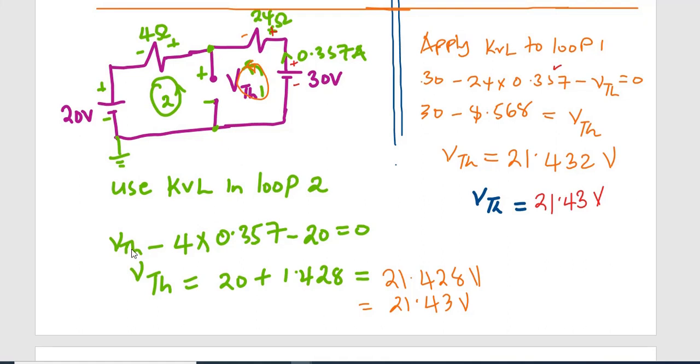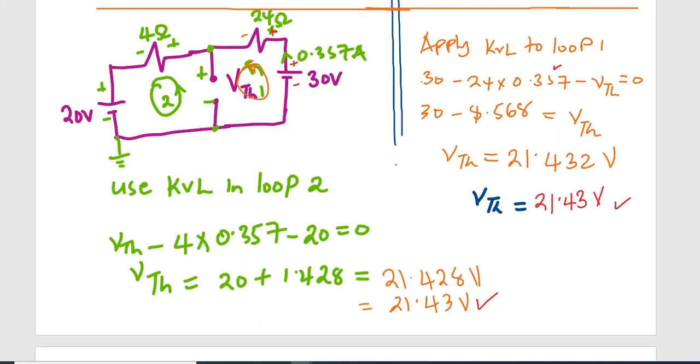Then it means VTH minus 4, it is entering positive, leaving minus, so it will be minus 4 times the current, 0.357, minus current entering here positive, leaving negative, so minus 20, giving you 0. So VTH is equal to 20 plus 0.357 times 4, which is 1.428. This gives you 21.428, which gives you 21.43. So our answers are right.